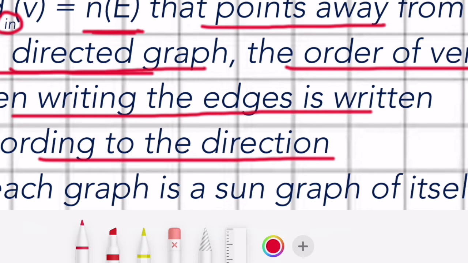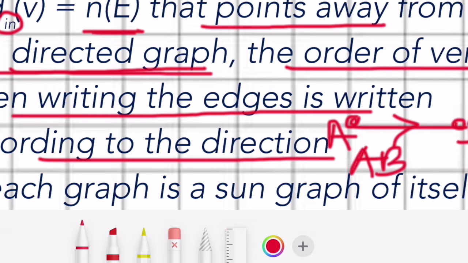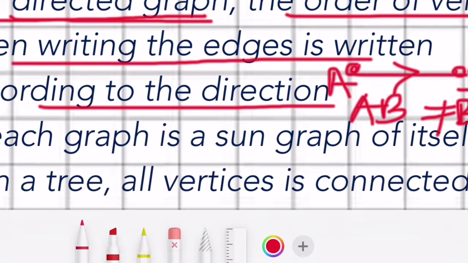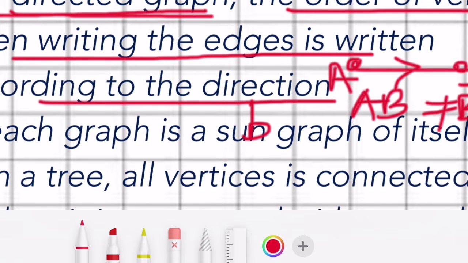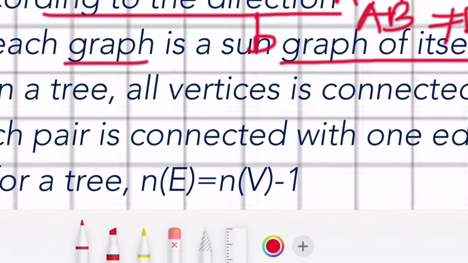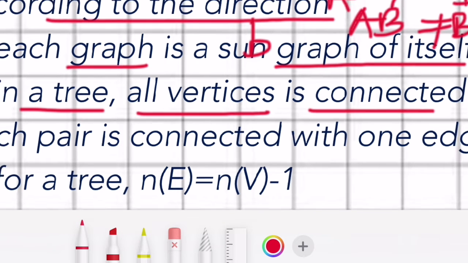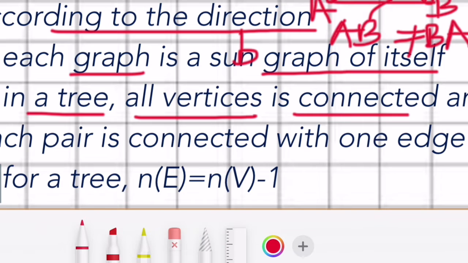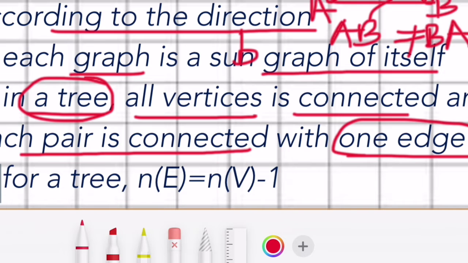Must follow the direction. If A to B, we have to write AB. We cannot write BA. It's not the same. Every graph is a subgraph of itself. In a tree, all vertices are connected and each pair is connected with one edge. For a tree, make sure it's only one edge.